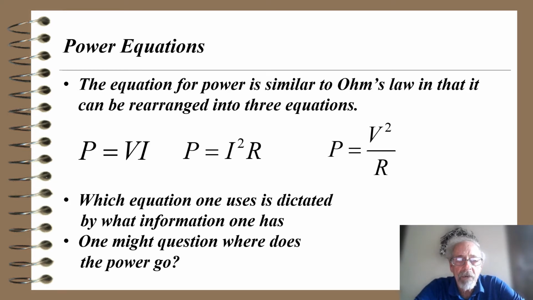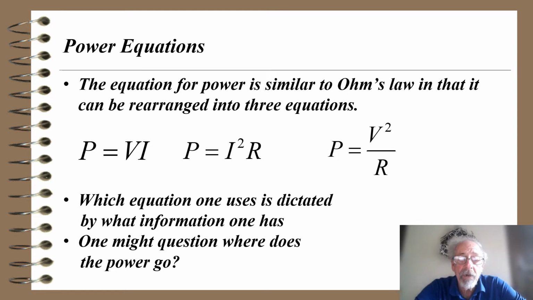The one I had in the prior slide, P equals V times I, is the primary equation, but you can also say that P is equal to I squared R. If I substitute what V is equal to in Ohm's law in there, I'll get I squared R. Or if I substitute what I is equal to, I'll get P equals V squared over R. So again, which equation one uses is dictated by what information one has.